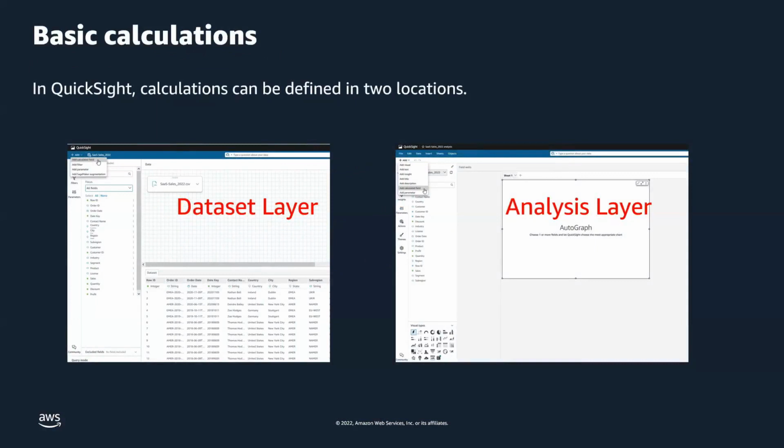In QuickSight, calculations can be defined in two locations: in the dataset layer and in the analysis layer. In the analysis layer, calculations are always evaluated on the analysis or dashboard load. In the dataset layer, row-level calculations will be pre-computed and results stored if your data set is in SPICE mode.